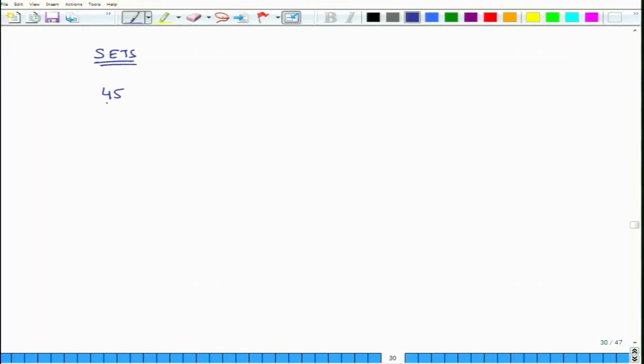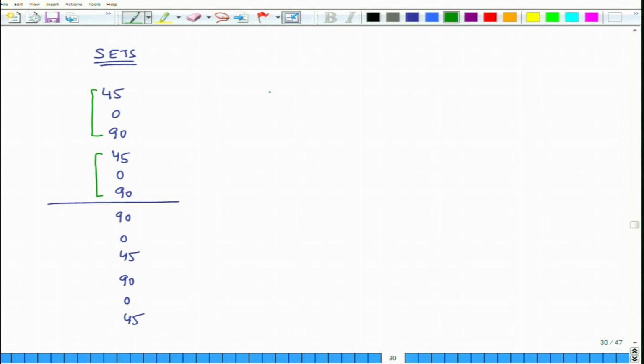One example is 45, 0, 90, 45, 0, 90, and this is symmetric. So, 90, 0, 45, 90, 0, 45. This is coming as a set and this is again coming. So, this set is being repeated.